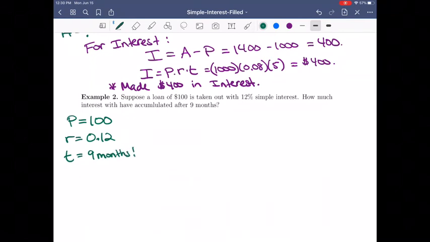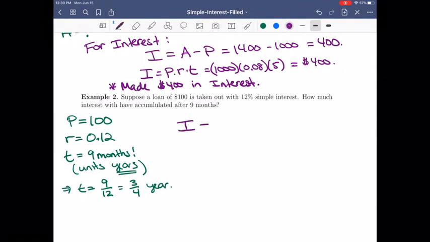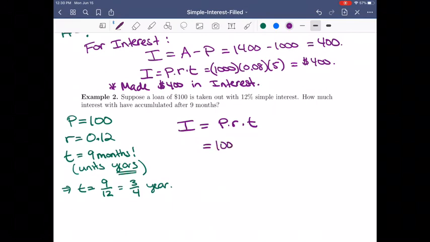So what does that mean? T is supposed to be in years. So that means that T is actually 9 over 12, which is 3 over 4 of a year. If it's been in there 9 months, that's only 3/4 of a year. And we don't need A, we're looking for I. So the interest is going to be P times R times T, which is 100 times 0.12 times 3/4.